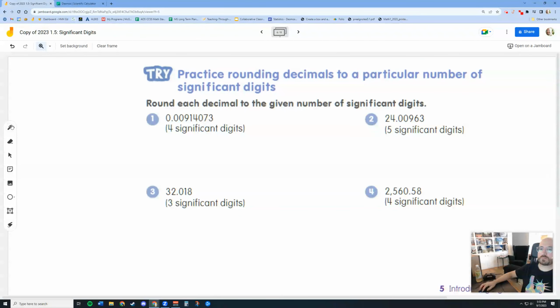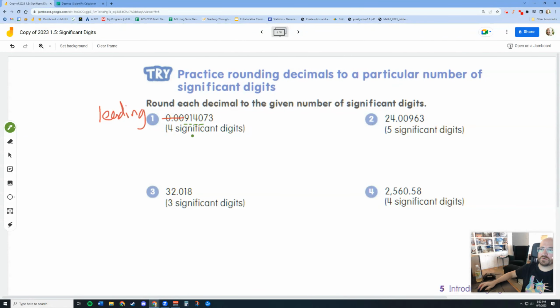Okay, so let's count this, round it to the given number of significant digits. If we want four sig figs, I'm not going to count these first ones because those are leading. So ignoring the beginning digits, I would go 1, 2, 3, 4.